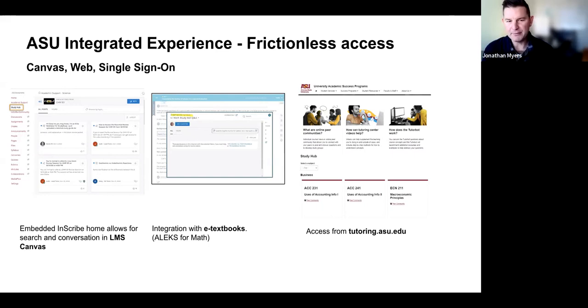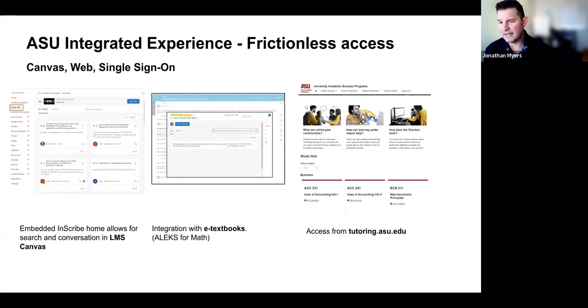Our initial spring version was called academic support, and you can see it in the upper left-hand corner. That's our old instance. Since then, we've redesigned it. Spring was more of a pop-out, and this fall we've moved it to the embedded view within Canvas.